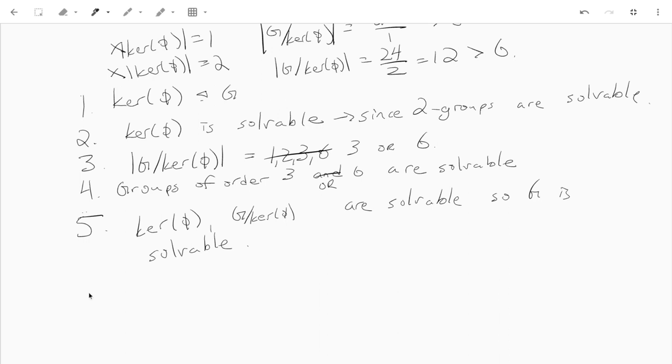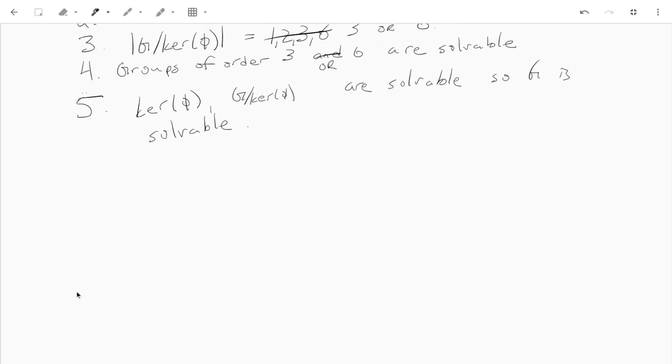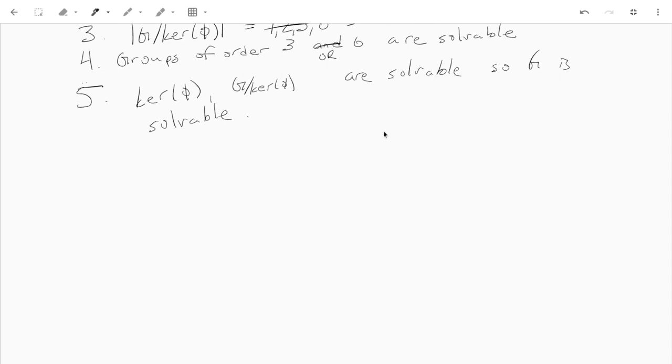That's the end of the question, but let me explain quickly how we might argue that a group of order 6 is solvable. Let G be a group of order 6.